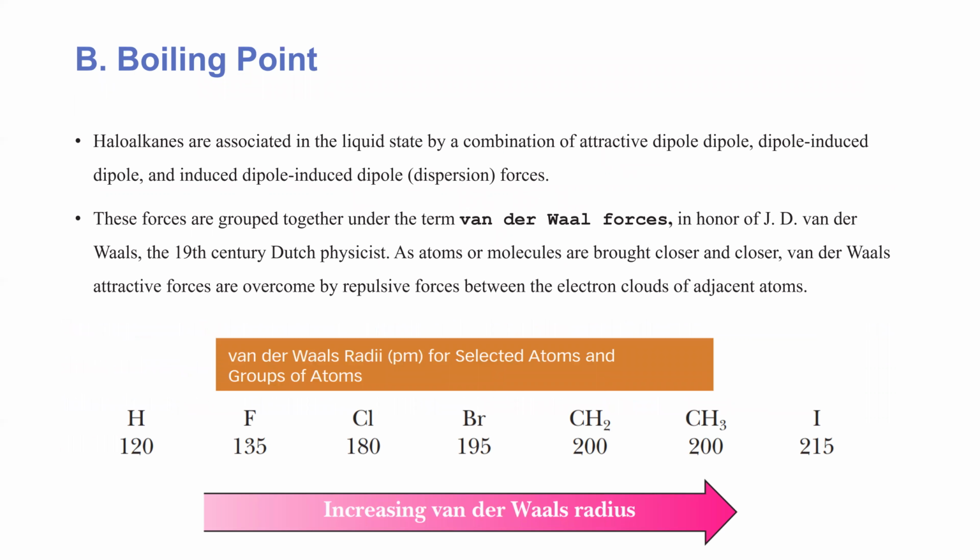Now the next property is the boiling point. For the boiling point, you again need to know that most of the haloalkanes are present in the liquid state. This is because these are polar molecules and they have attractive dipole-dipole, dipole-induced dipole, and induced dipole dispersion forces, and collectively they are named the van der Waals forces, the attractive forces, which are making some of the compounds charged, and wherever there is enhanced electrostatic interaction, they are raising the boiling point of the molecule.